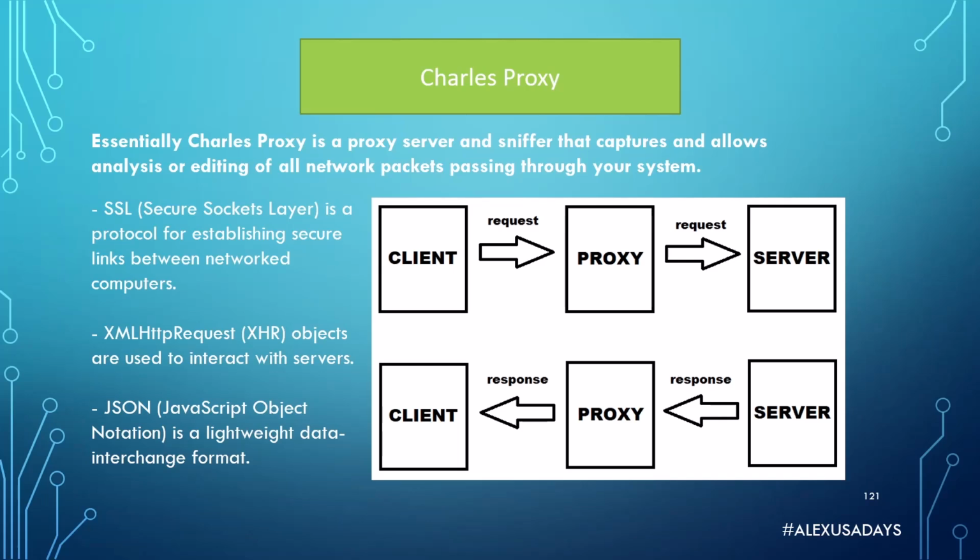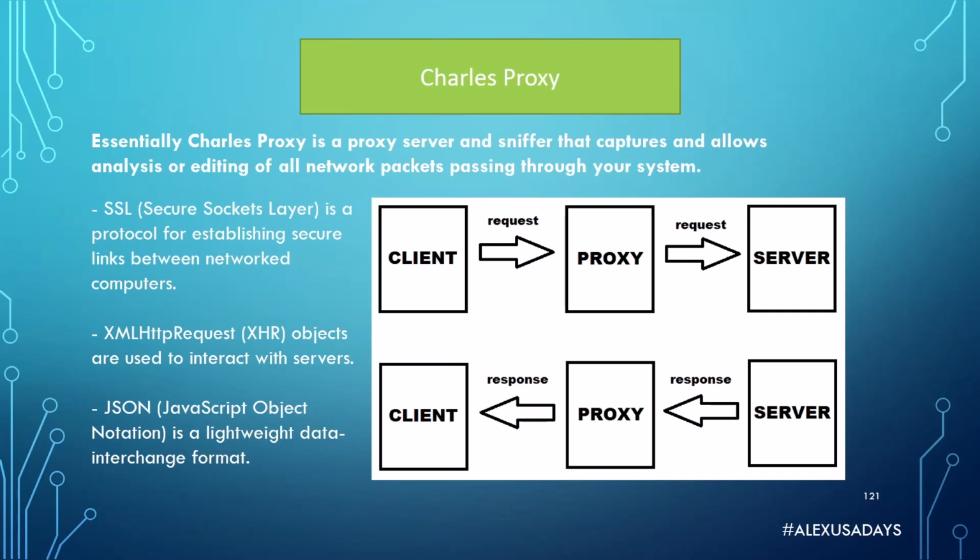Okay? Some things that you might also see in here today that you might not be familiar with is SSL. So SSL is a secure socket layer. It's a protocol for establishing secure links between network computers. So you'll have to enable SSL in order to be able to look inside the decoded traffic. So it is decoded if it goes through SSL. Another one is XML HTTP request or XHR. So those are objects used to interact with the servers.